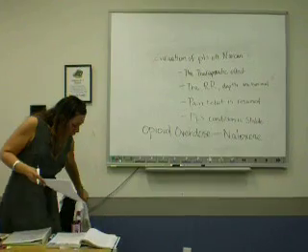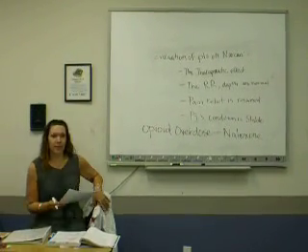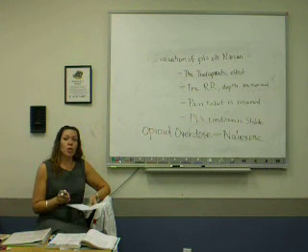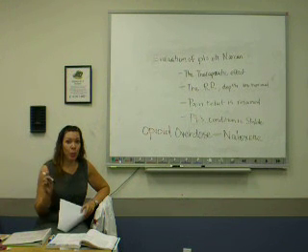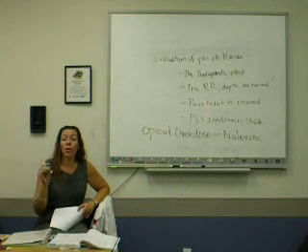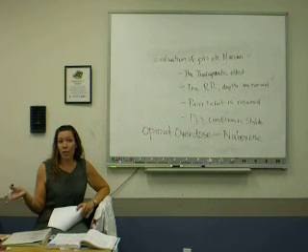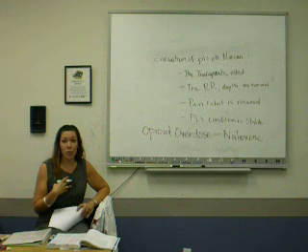Okay, what does opioid naive mean? Someone that has not taken an opioid before. So if the patient is an opioid naive patient, they are going to be the patient we monitor the most. We are going to monitor them very closely because they don't know what effects the opioid is going to have on their body or their respiratory tract.